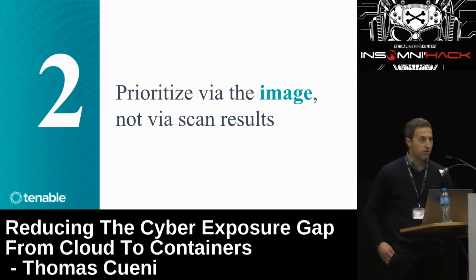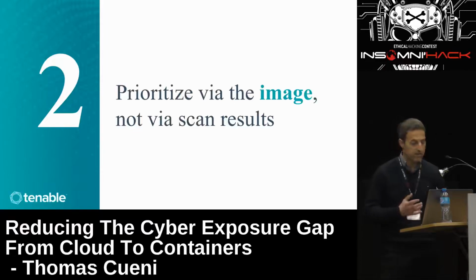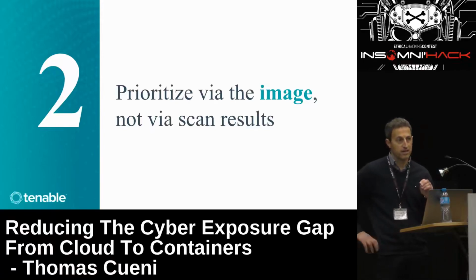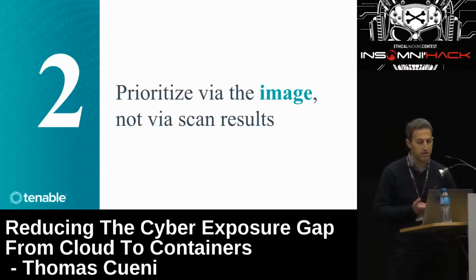But this is not how it works here, because we might not be able to scan a container, or it doesn't have an IP address, it doesn't have any exposed services maybe, so it doesn't really work. How do we prioritize if we cannot get a classical severity from a vulnerability scan?